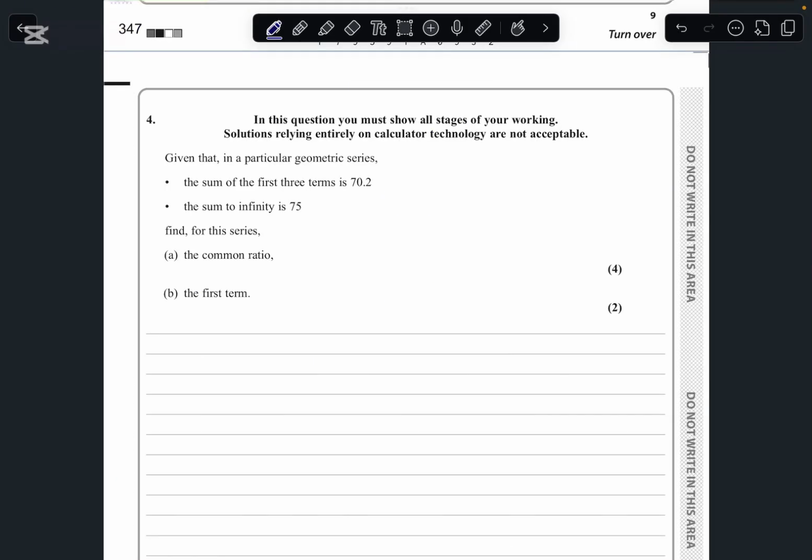In question 4, we are given that in a particular geometric series, the sum of the first three terms is 70.2 and the sum to infinity is 75. And we need to find for this series the common ratio. So first we'll just write this a bit better.